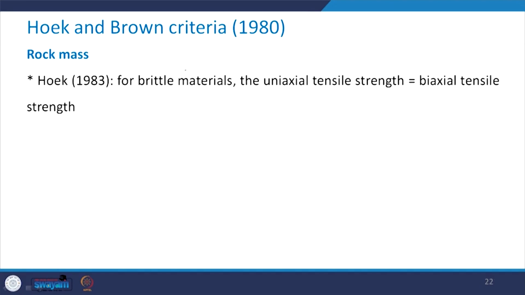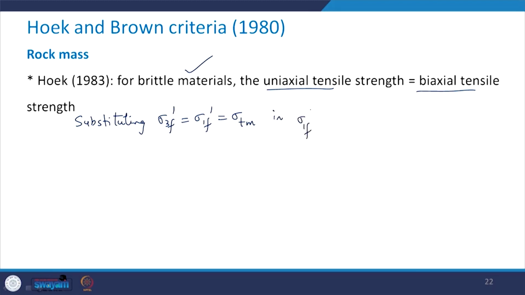For the brittle materials, the uniaxial tensile strength is going to be equal to the biaxial tensile strength, and therefore just substitute sigma 3f prime equal to sigma 1f prime equal to sigma Tm in this equation, which was sigma 1f prime equal to sigma 3f prime plus sigma Ci into sigma 3f prime upon sigma Ci plus s to the power a.